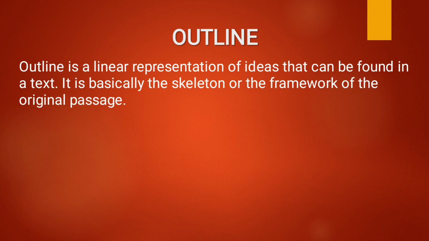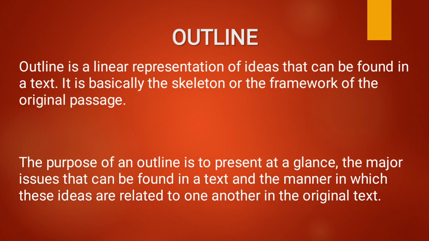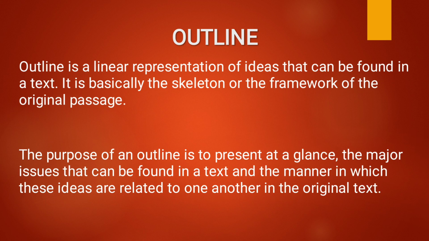When we reach the rules of outlining, that will be explained a little bit. So outline is a linear representation of ideas that can be found in a text. It is basically the skeleton or the framework of the original passage.